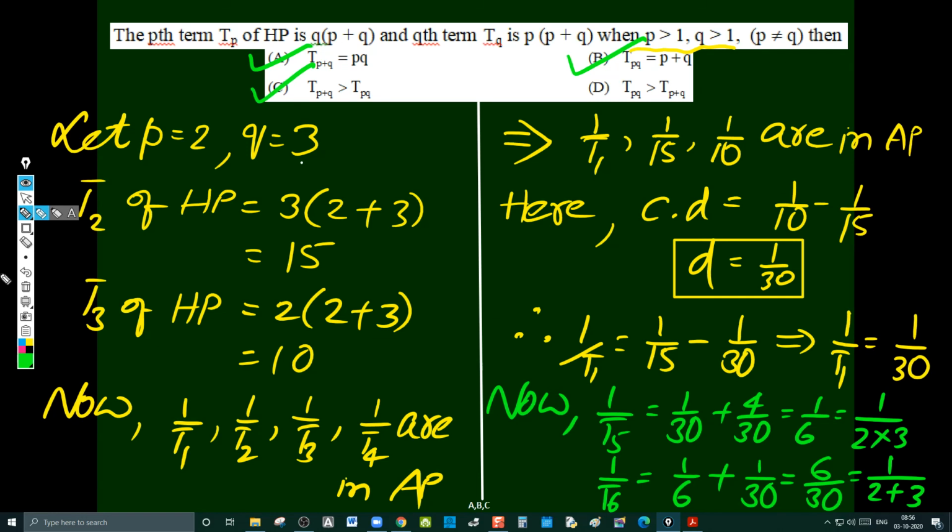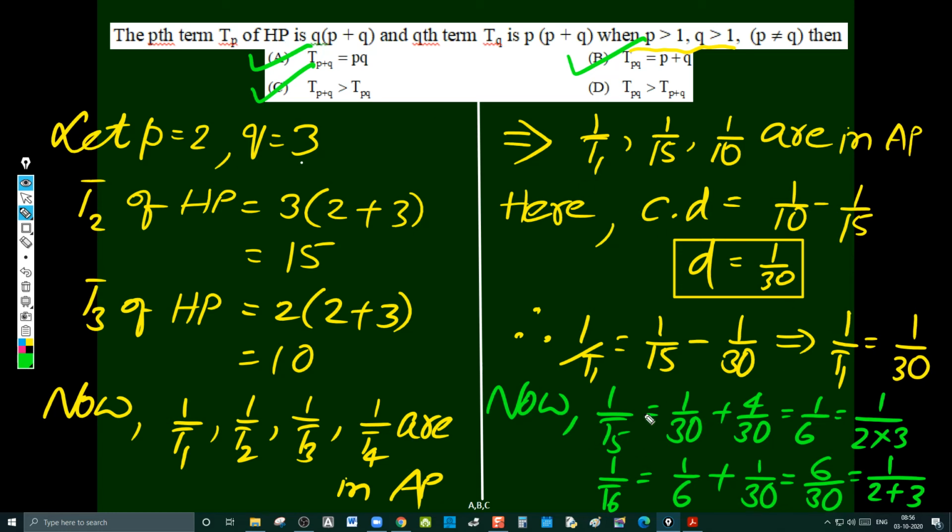Okay, it's done, please. Any doubts in this one? Please respond. But you must be thorough in converting harmonic progression to arithmetic progression, and then all the properties of arithmetic progression are to be applied, and then finally you have to find out the reciprocal, because it is 1 by T5 but not T5.